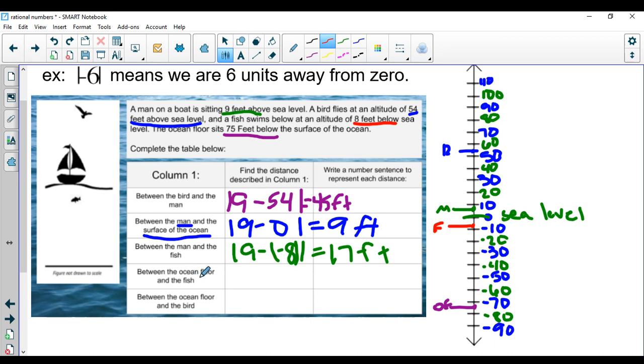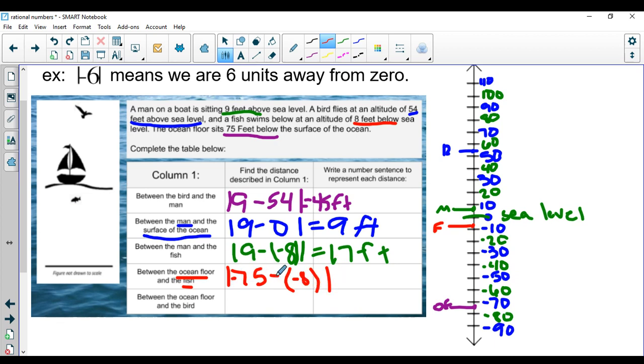All right, the ocean floor and the fish. So we're looking at the ocean floor, which is all the way down here, and that was at 75 feet. This is negative 75 feet, minus the fish, which is negative 8 feet.